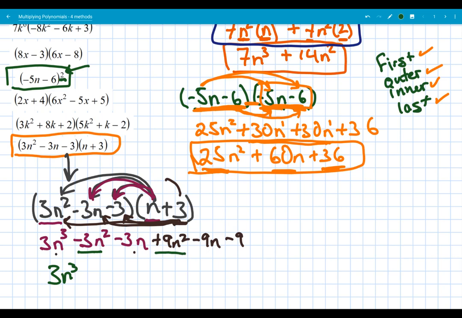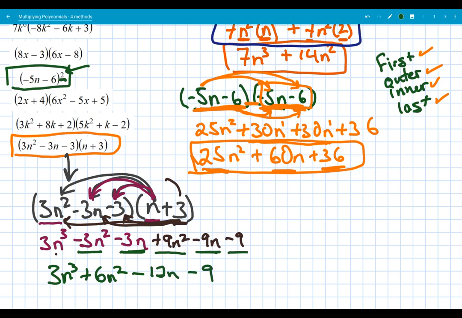Negative 3 plus 9 is plus 6n squared. The negative 3n and negative 9n, they will combine. Negative 3 and take away 9 more, negative 12n. And then this negative 9 is all by itself. So I now have a 1, 2, 3, 4 term polynomial.